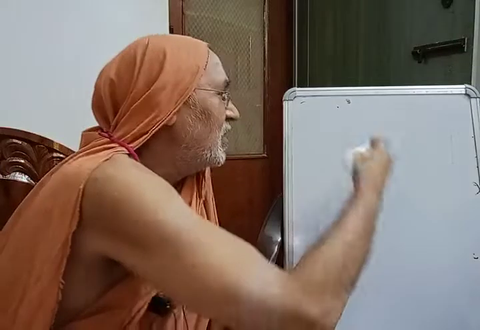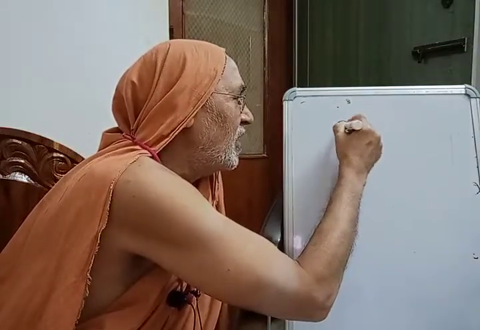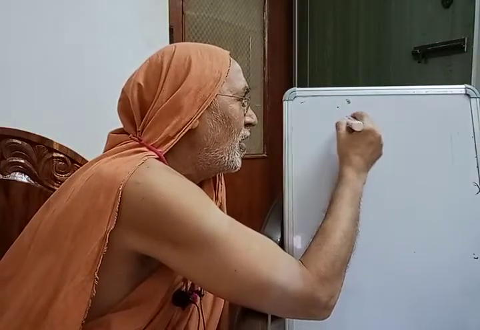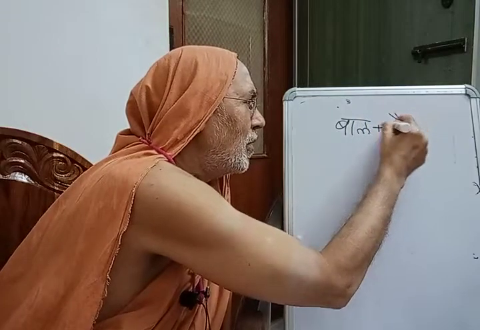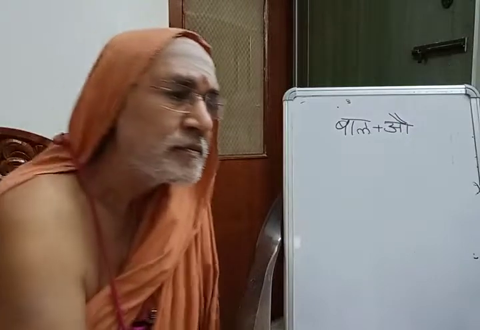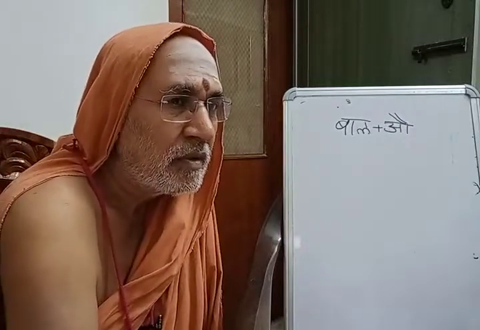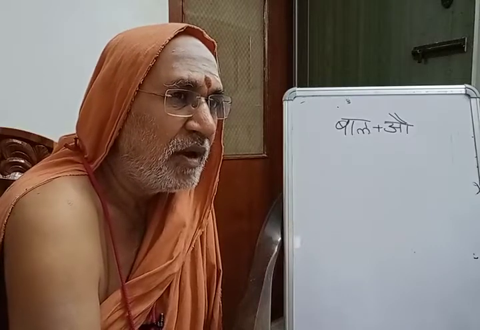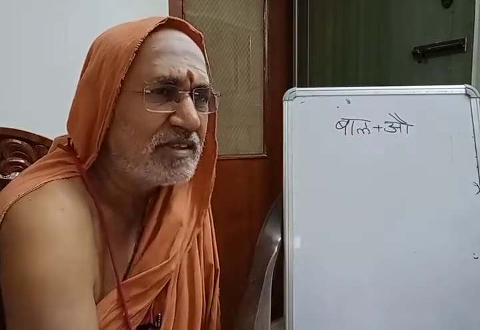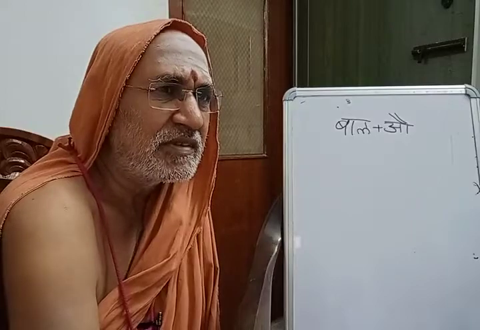In this, now the Dvivachana Shabda, Bala plus Au. Ekavachana, what did we say? Bala plus Sa, Balas. Sa changes to Visarga, Balaha.